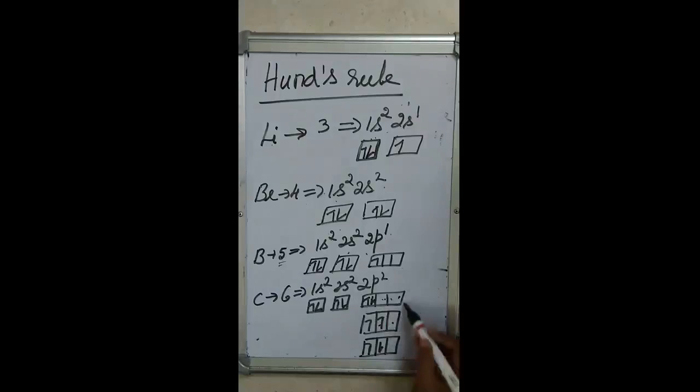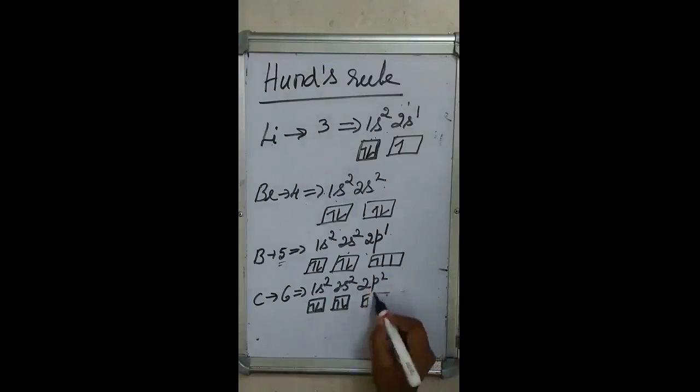So this is wrong, because it has already paired. So pairing does not take place till all the orbitals are filled. Now of course this one. Now the second electron I have to fill here.